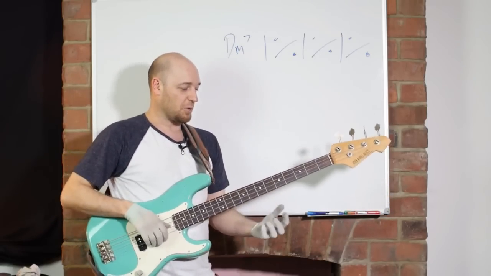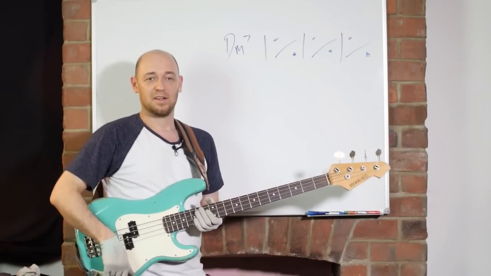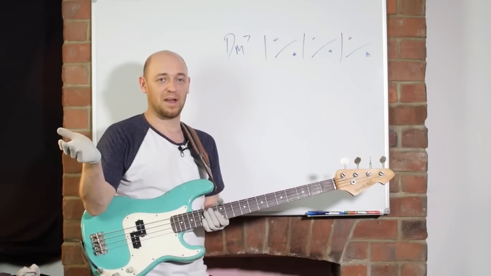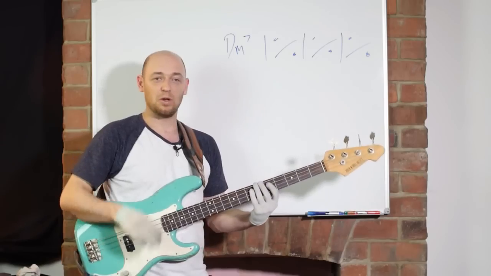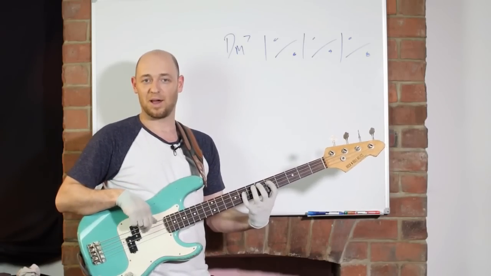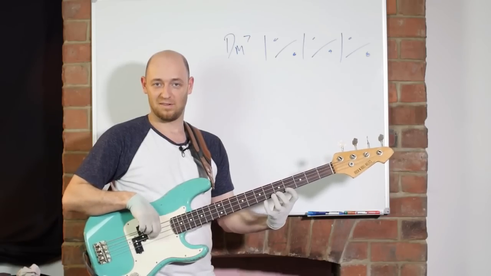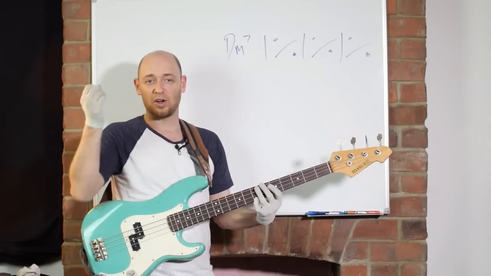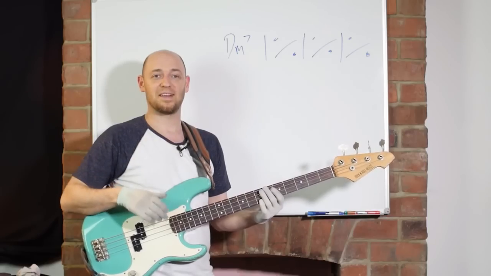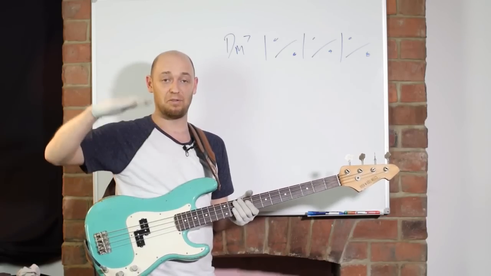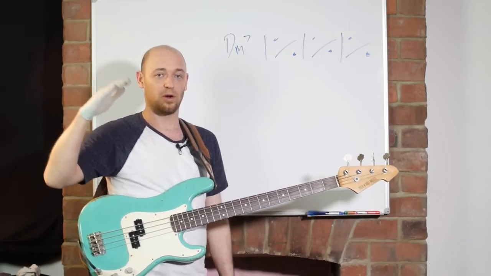So if anybody says, "Hey, let's play a walking bass line for 16 bars," you've got D minor, you know that you're going to be able to play. You've got it, it's memorized, okay? So the first thing is to get a few different versions of an ascending walking bass line, right?